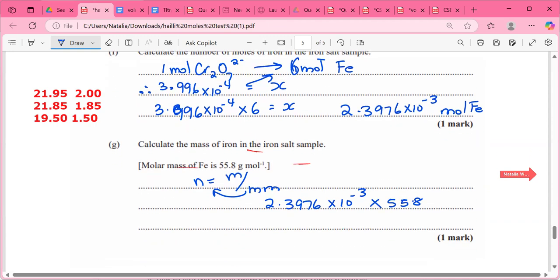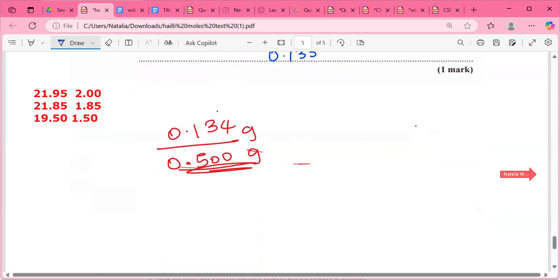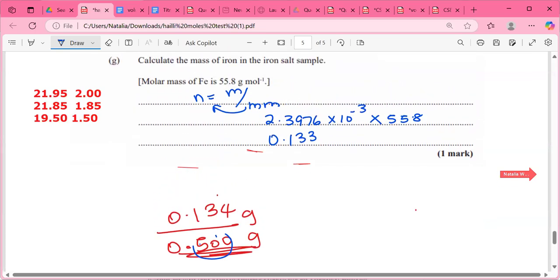I got 0.133. How much? So it's 3 decimal places in the grams of iron that they gave. So I'm going to round this off to 1.34 grams of Fe.